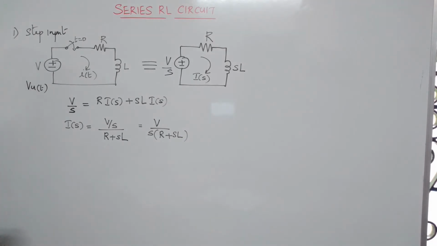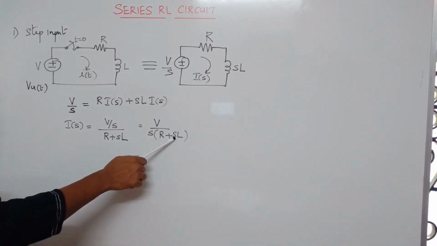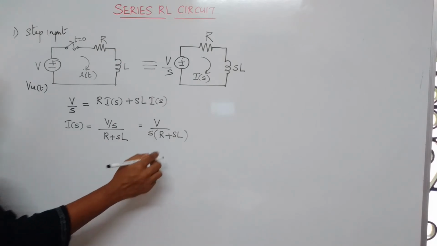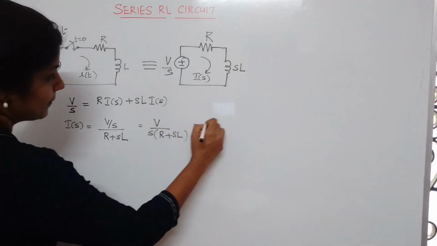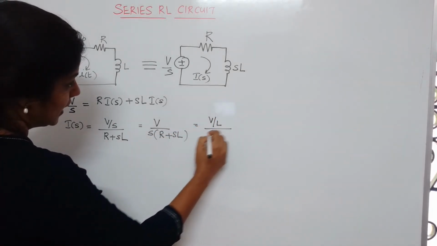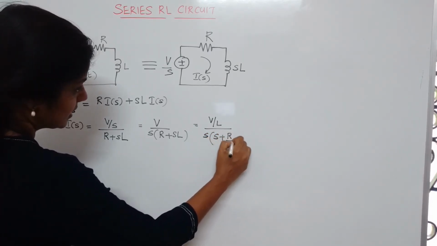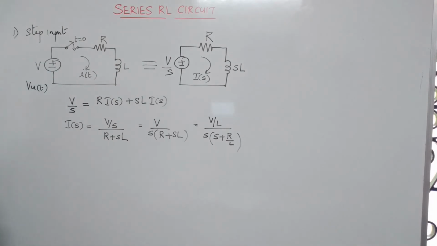Now in all our standard results, the coefficient of S is 1. So let's divide numerator and denominator by L so that this coefficient of S becomes 1. So this will be V by L into 1 by S into S plus R by L.